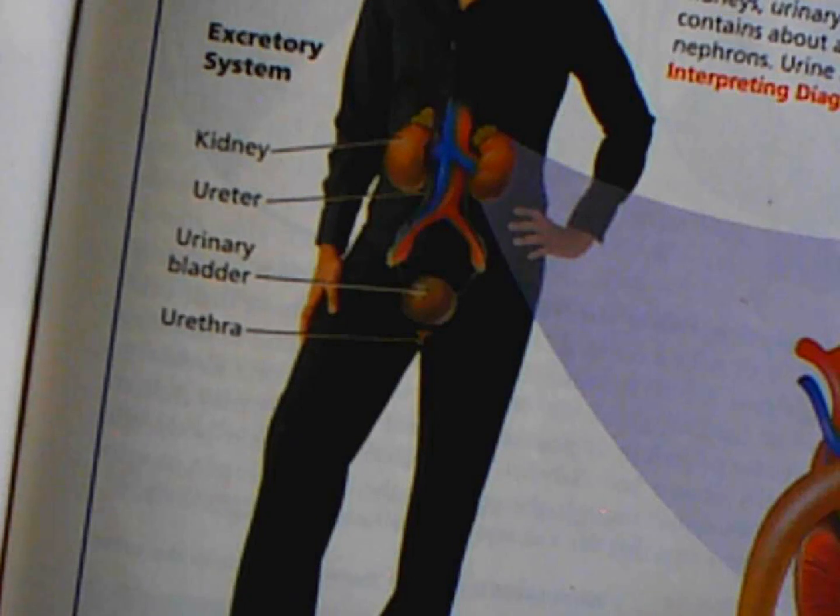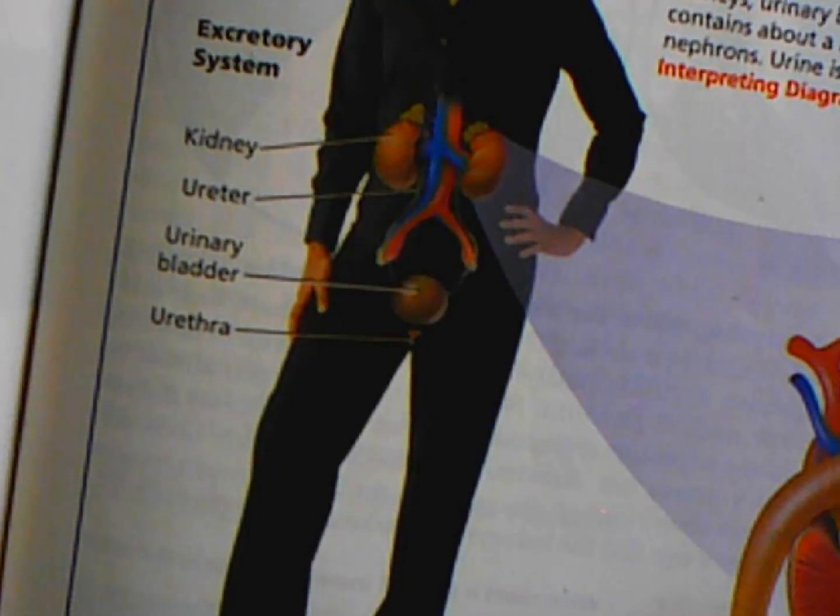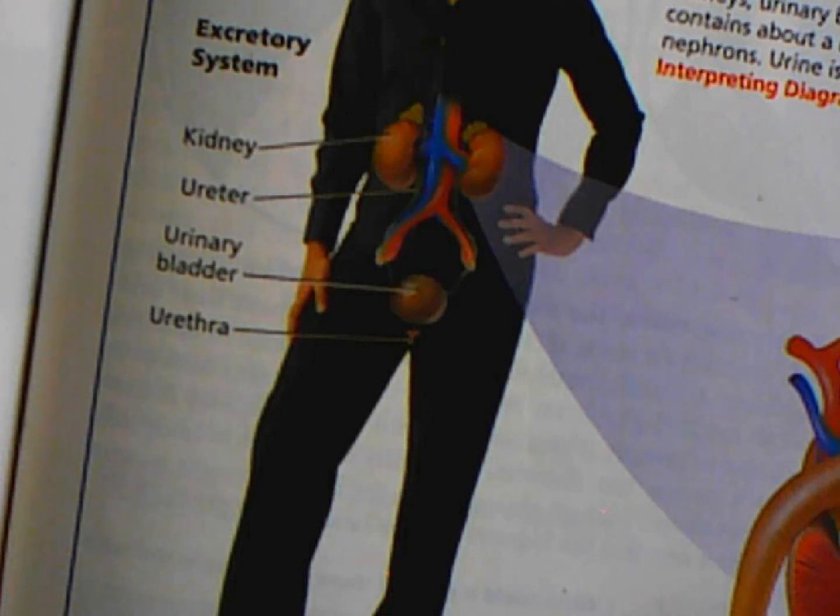When the bladder is full of urine, you ask, hey teacher, may I go to the restroom? Yes, because it's full of urine and you need to go to the restroom for number 1. And this is the urethra, the tube-like structure that will put the urine outside of the body. That's it.